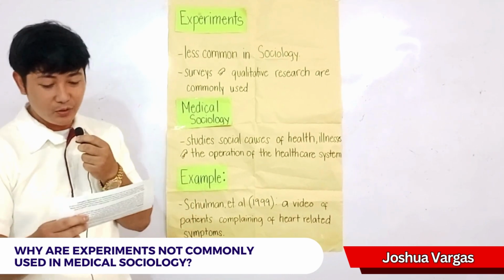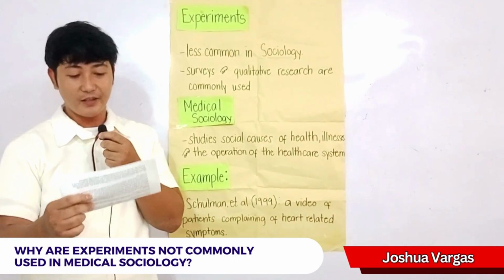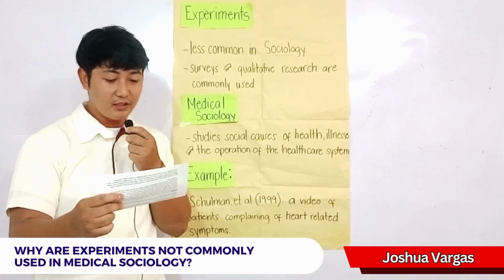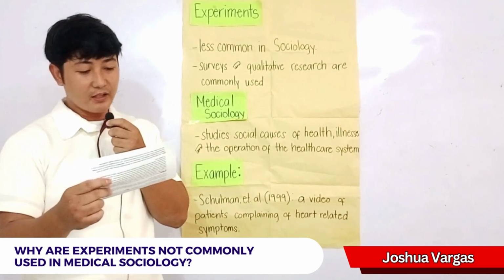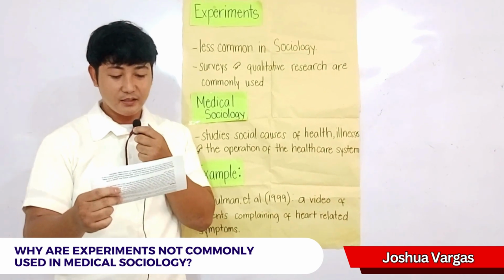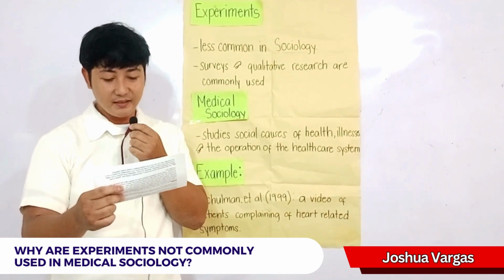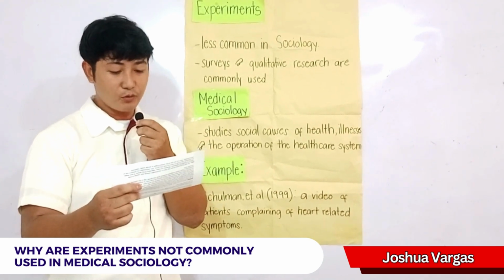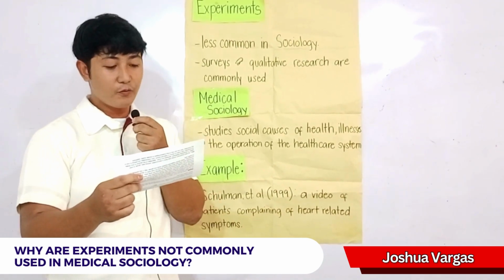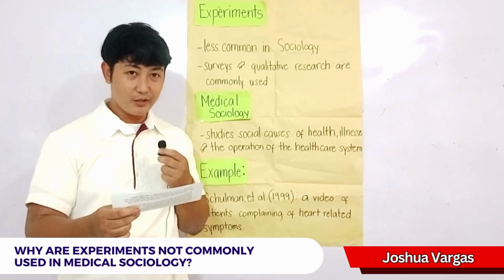To give you an example, I want to cite that if a medical sociologist wants to study the effects of poverty on health, it would be both unethical and impractical, to say the least, to randomly assign some subjects to be poor and some subjects to be wealthier, and then to monitor any changes in their health for the next several months or years.